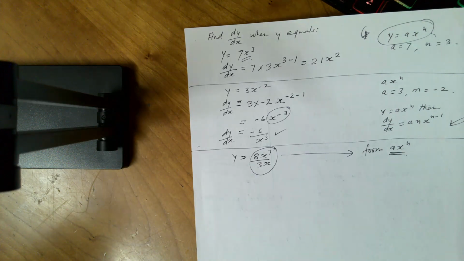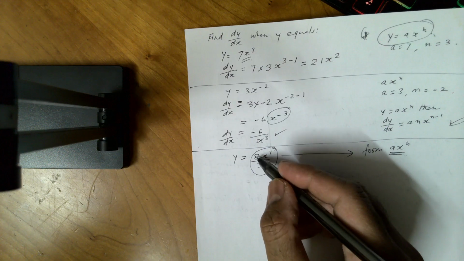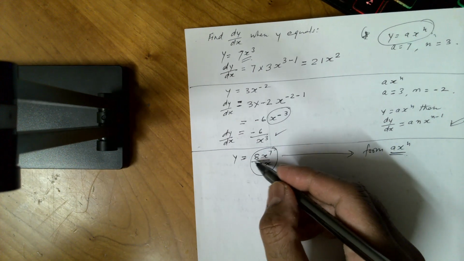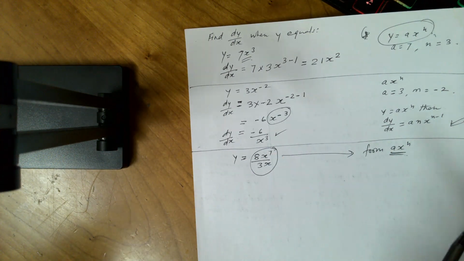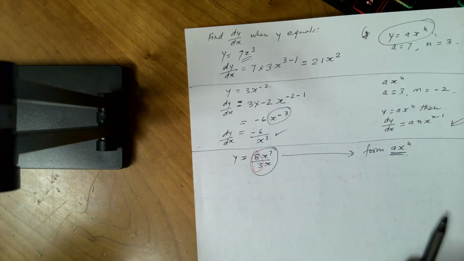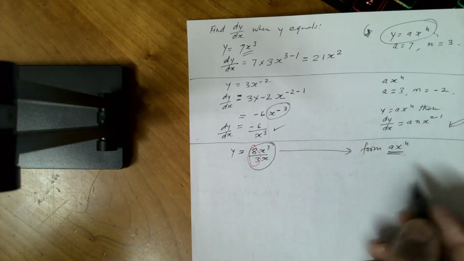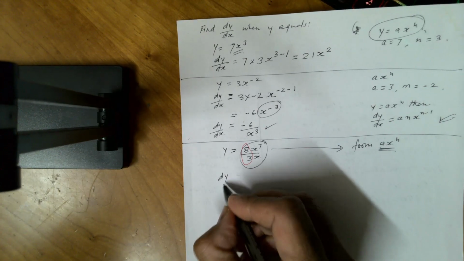Remember, a can be any number, including fractions. So 8 over 3, you just leave that as it is. You just have to deal with the x part before you apply your derivative.